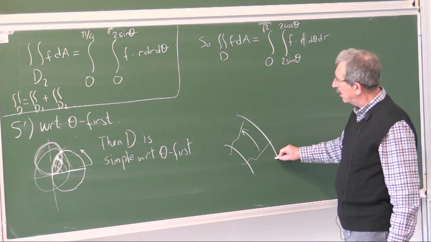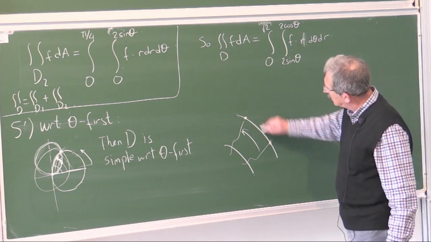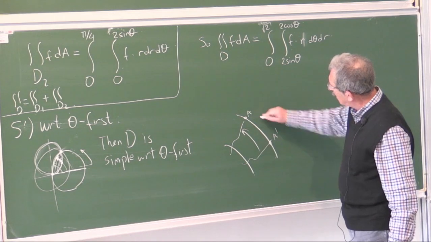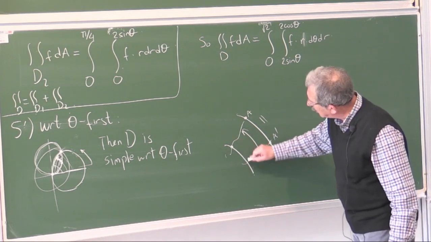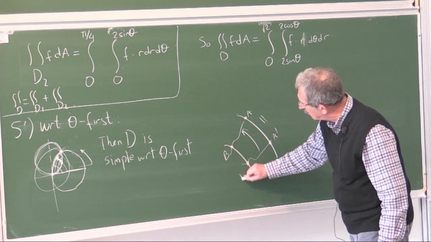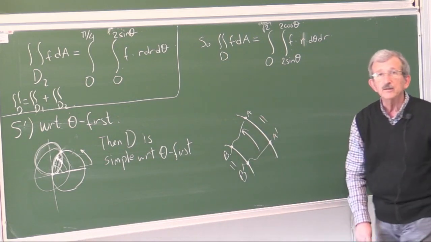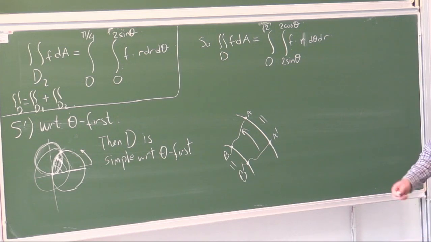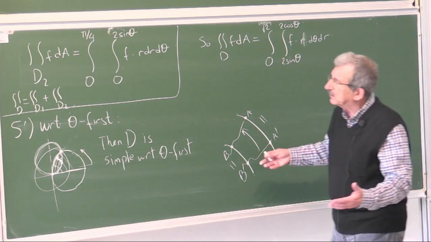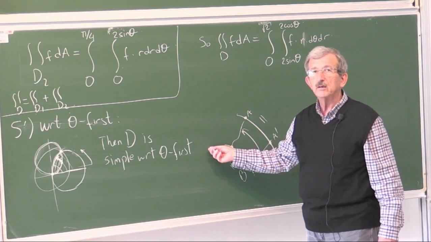But these 2 points, A and A prime, are equal. These 2 points, B and B prime, are likewise equal, and so you get this curve. So, using theta first sometimes makes the job easy.